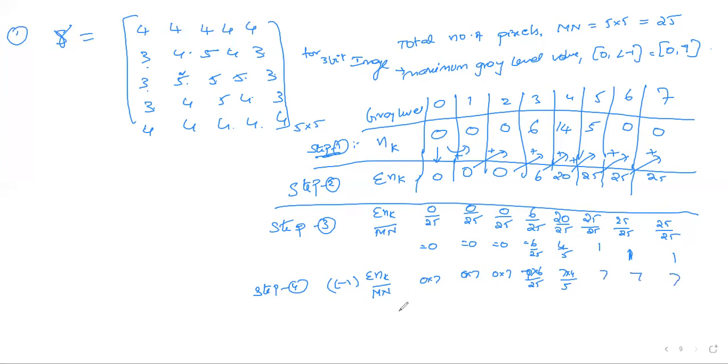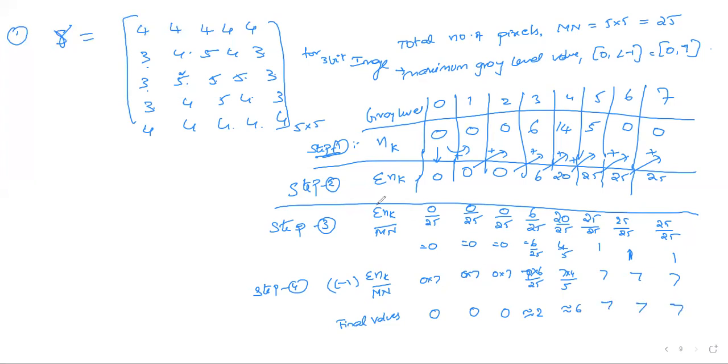So final values are what? Final values 0, 0, 0. 7 times 6 is 42 by 25, which is nearly equal to 2. 7 times 4 is 28 divided by 5, so it is nearly equal to 6. Next 7, 7, 7.